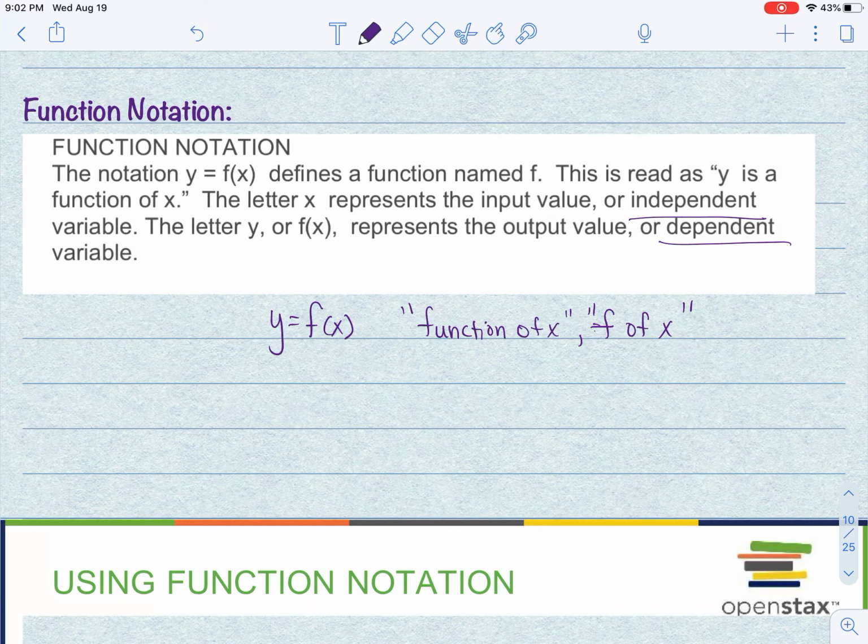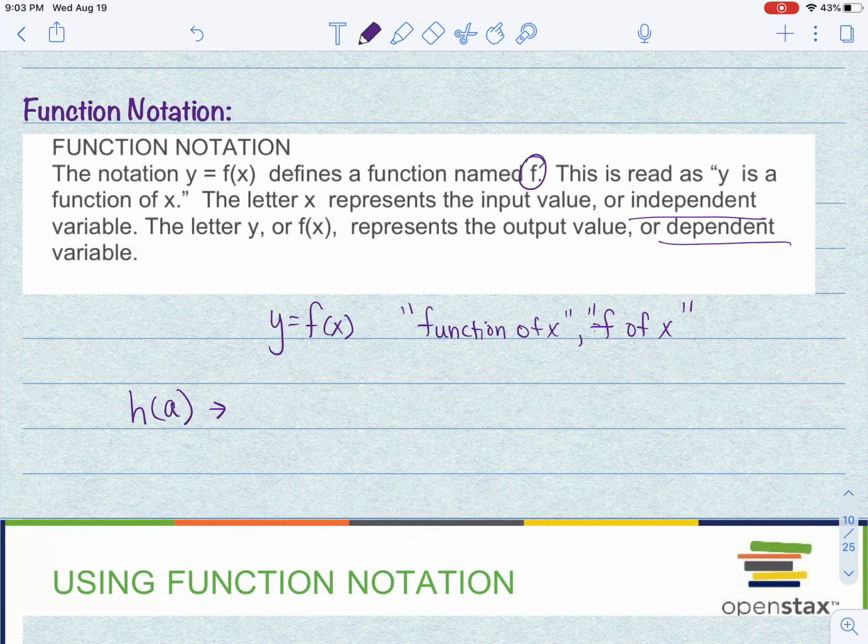So we don't always use f. In this case, we call the function f. We use other letters like g and h and m. An example would be the function h of a.